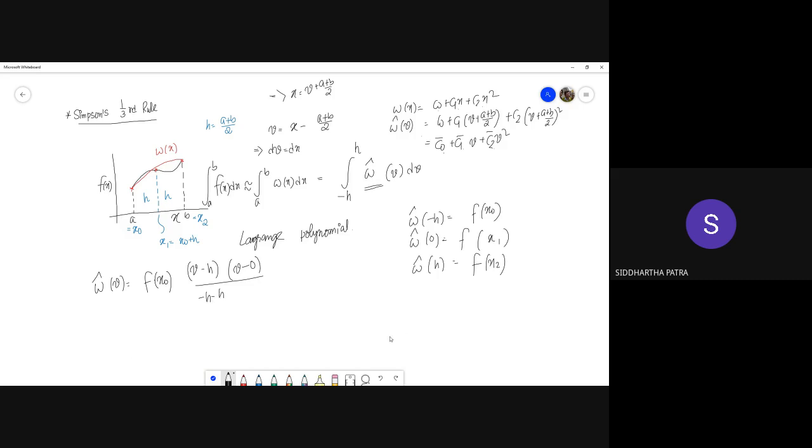I'll write the general expression for the Lagrange polynomial, and then we can write down the expression for w hat.